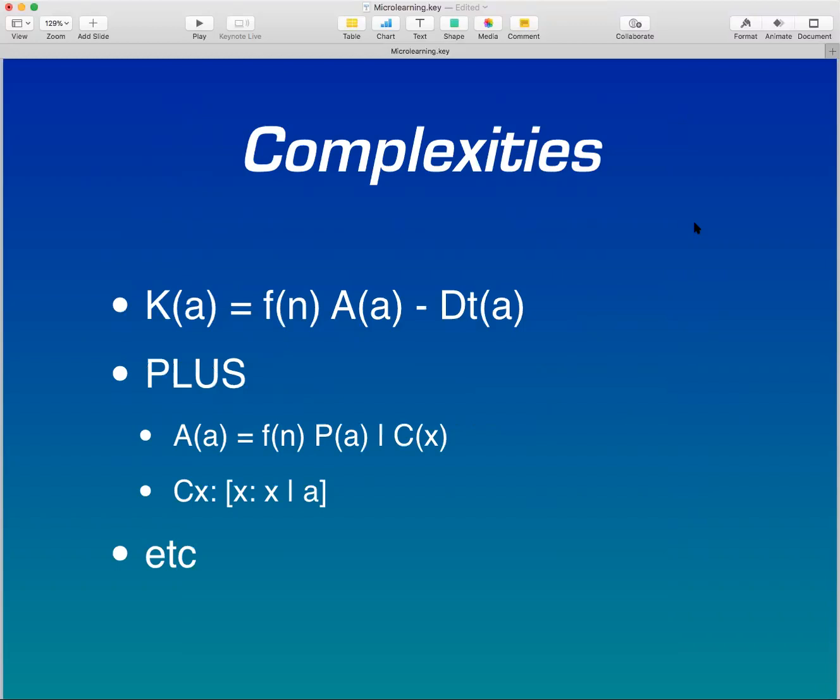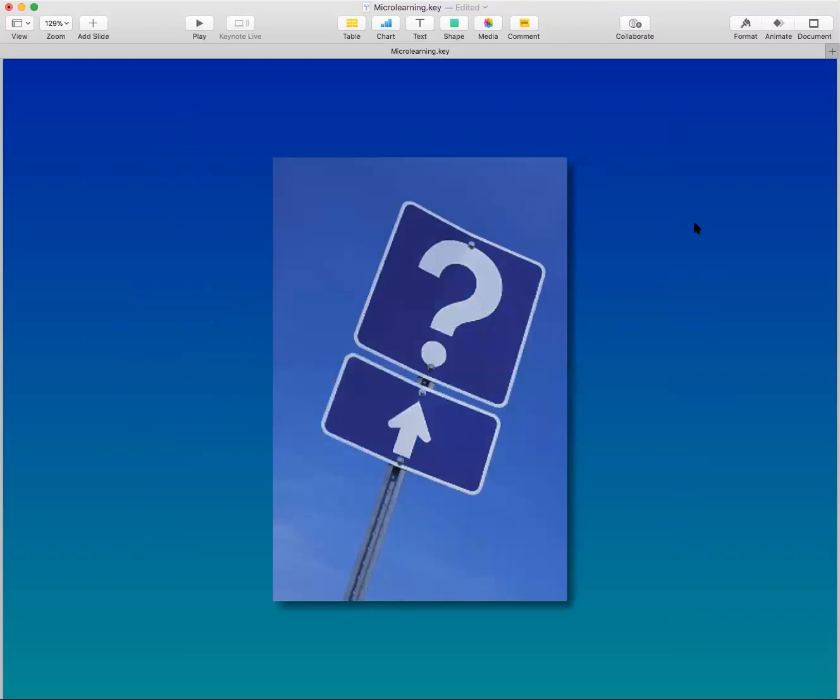So this leads me to my penultimate slide. What does that stir for you? Where are you at on definitions of microlearning, opportunities to apply it? What might you put in place?